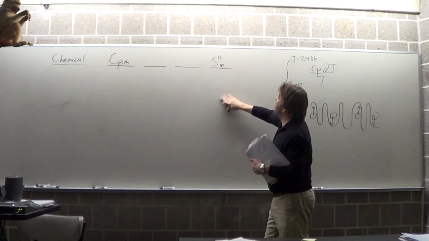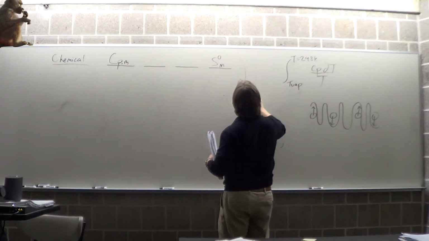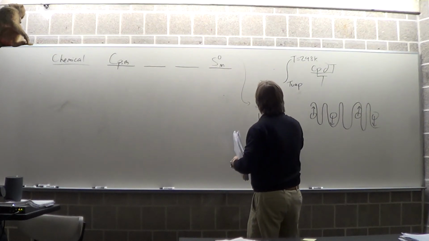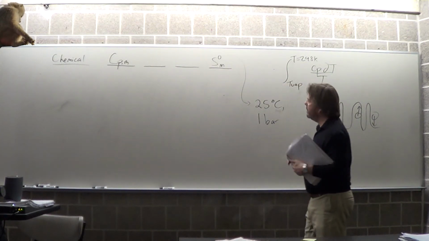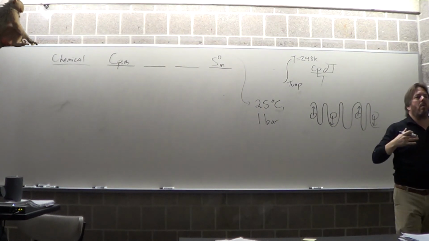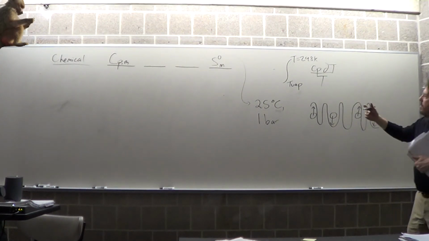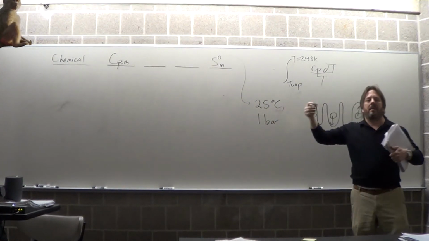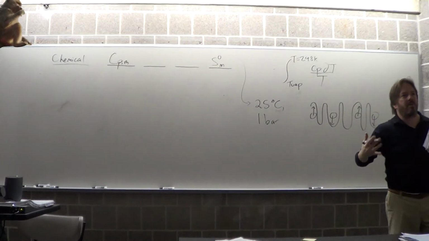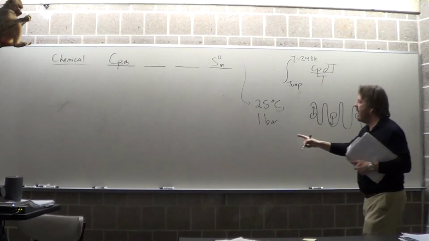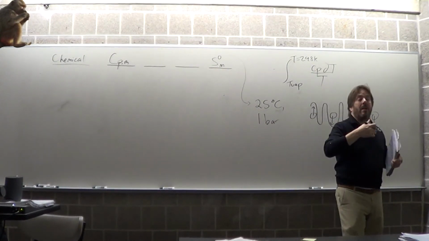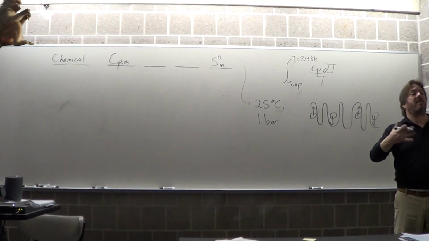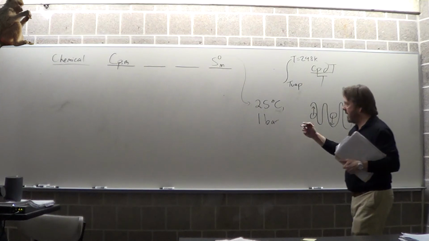This means 25 degrees C and 1 bar pressure. So the entropy measurement was calculated to a final temperature of 298.15 and constant pressure, held in the calorimeter under an atmosphere of 1 bar. So there you go.